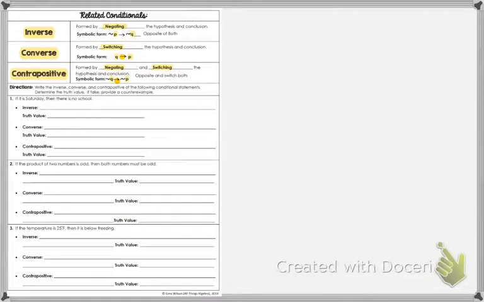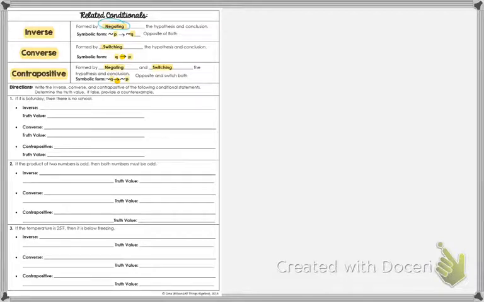We're still going to use if and then, but now we're going to switch things around. We have to, again, pay attention to the hypothesis and the conclusion, because that's what we're going to end up switching around, flipping or doing their opposites. We've already talked about negating in the previous lesson.